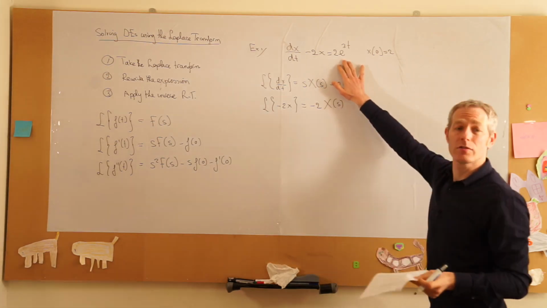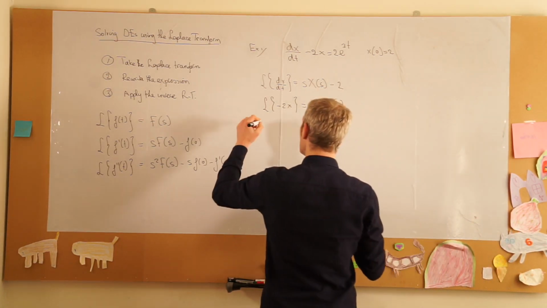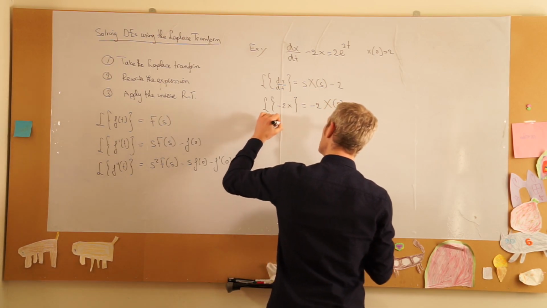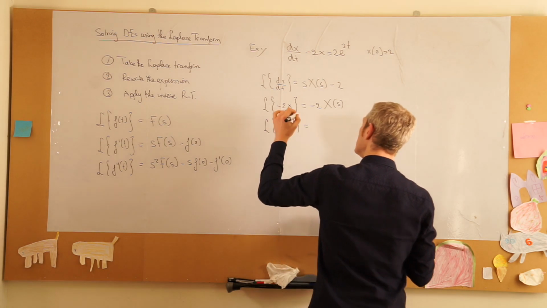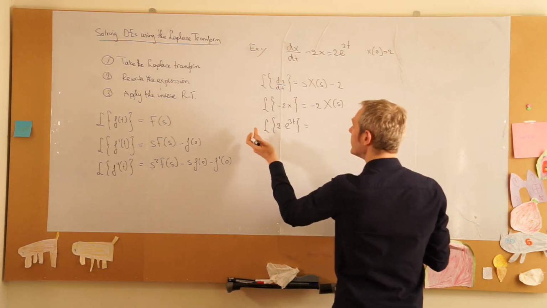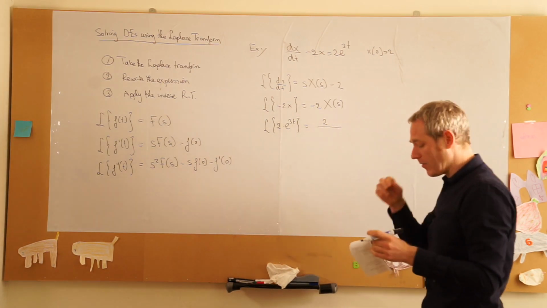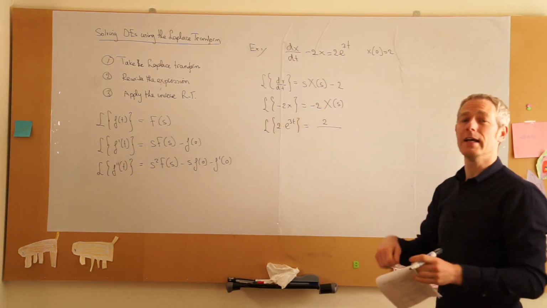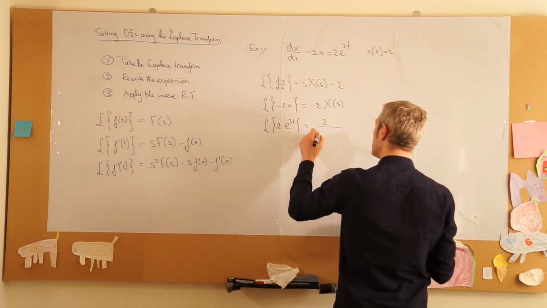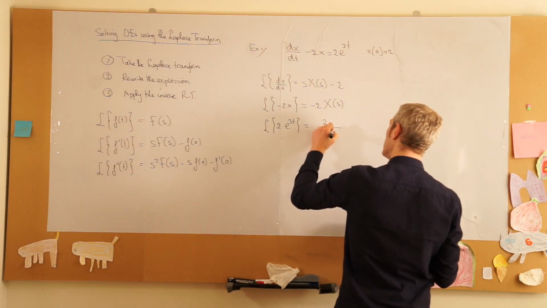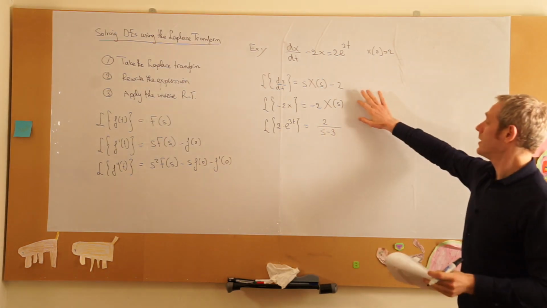The Laplace transform of our exponential, we can find from the table. So 2 times e to the power of 3t, we could take this 2 out as well. The Laplace transform of e to the power of 3t is 1 over s minus 3. So this 2 just adds to the numerator, and we get these 3 components.